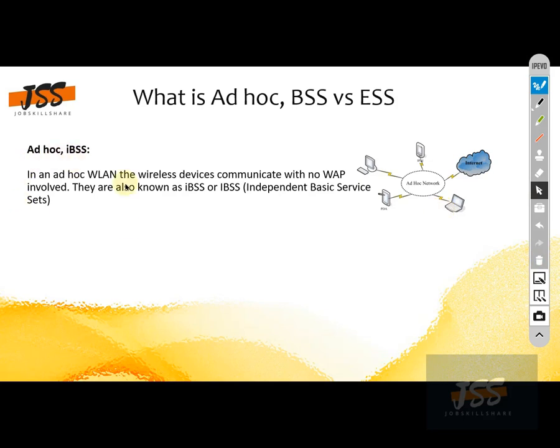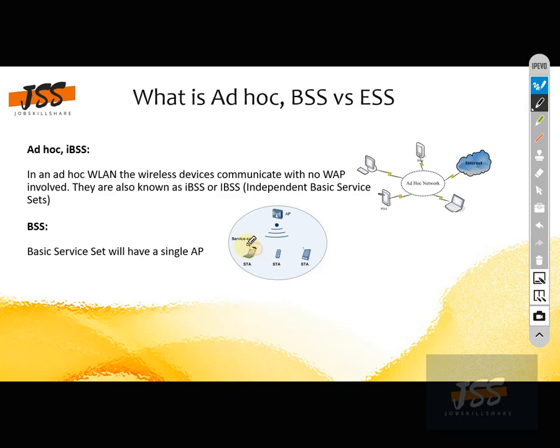As opposed to the independent basic service set, we have the basic service set. And what is a basic service set? We have an access point between these devices. So if this STA, which stands for station, wants to send information to this device, it will go through the access point.